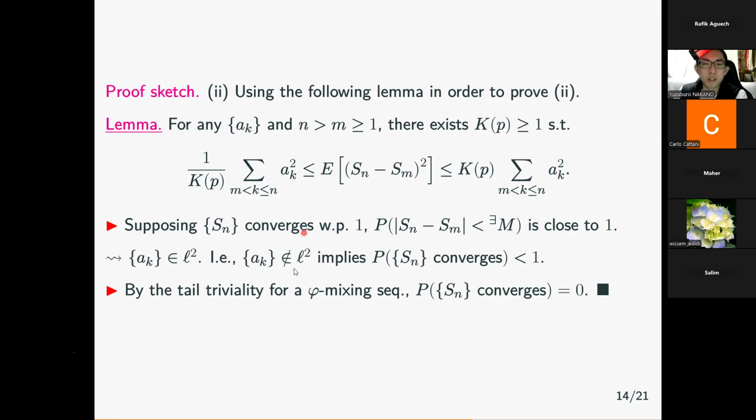That means if Ak is not square summable, then the probability of Sn convergence is less than 1. And by the tail triviality for a phi mixing sequence, we can find the probability of Sn convergence is 0.